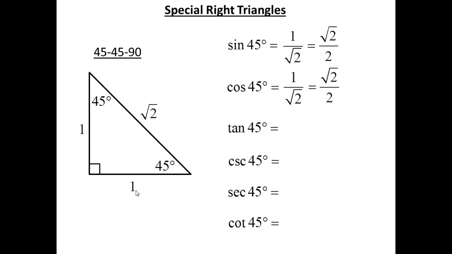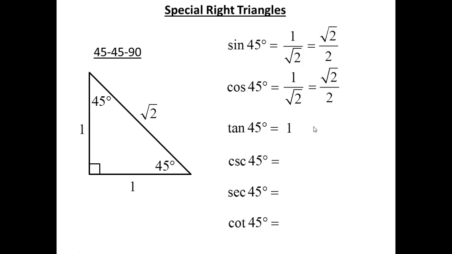So here's a special fact that we need to know from now on. Sine of 45 and cosine of 45 are equivalent. They are equal because they are both the square root of 2 over 2. And tangent of 45, one of my favorite ones because it's super easy, opposite over adjacent, 1 over 1 is just 1. So sine, cosine, and tangent of 45 degrees are root 2 over 2, root 2 over 2, and 1.